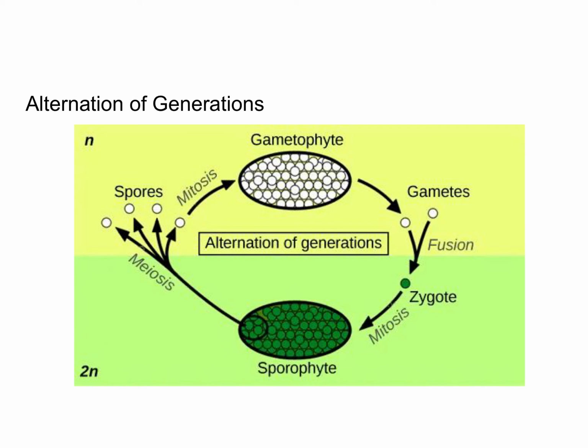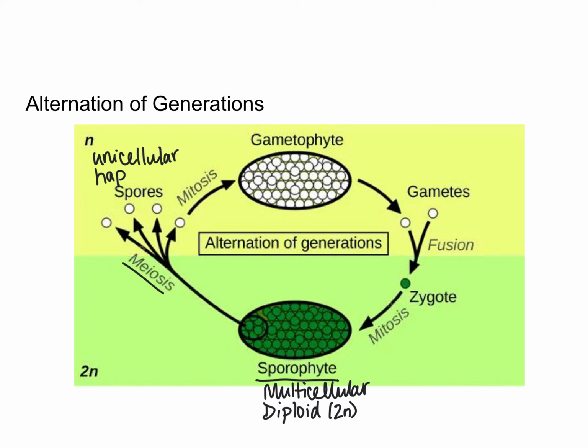So let's review this one more time. So we'll start with the sporophyte. And the sporophyte is multicellular, and the cells are diploid. The sporophyte then goes through meiosis in order to form spores that are unicellular and haploid.